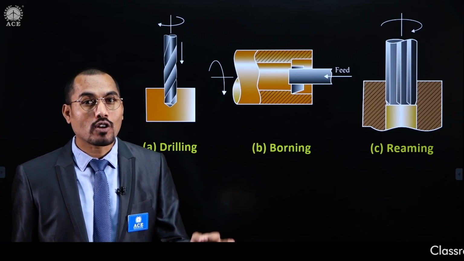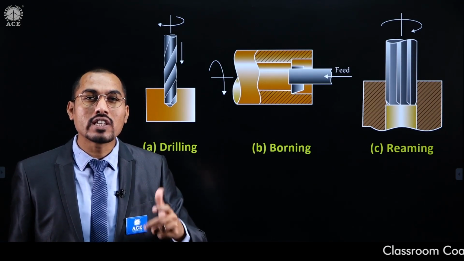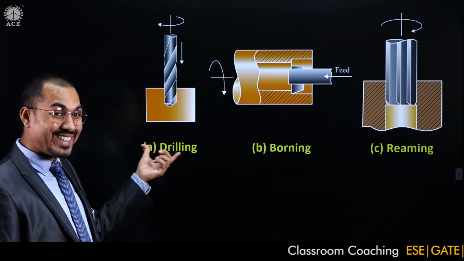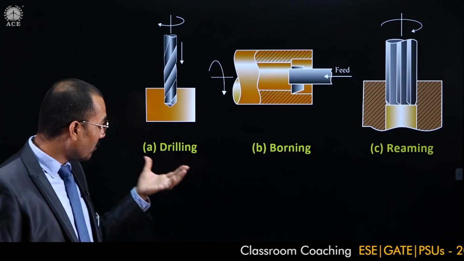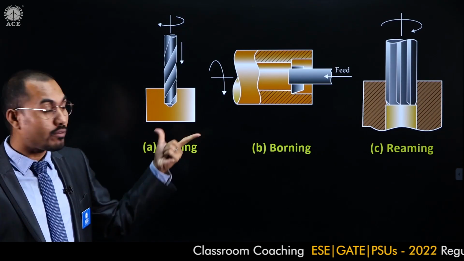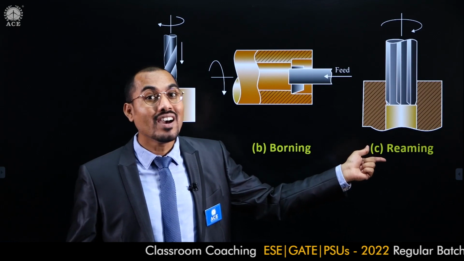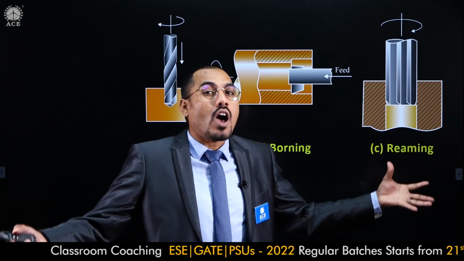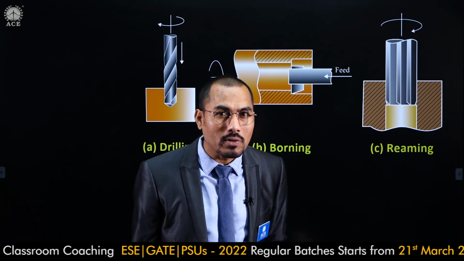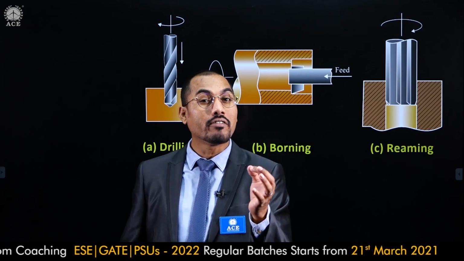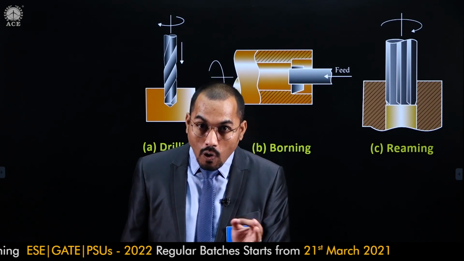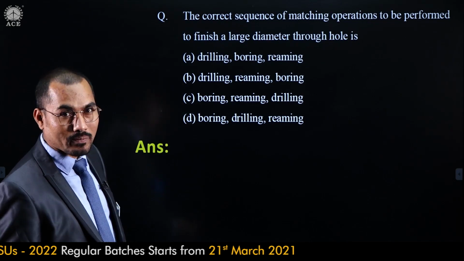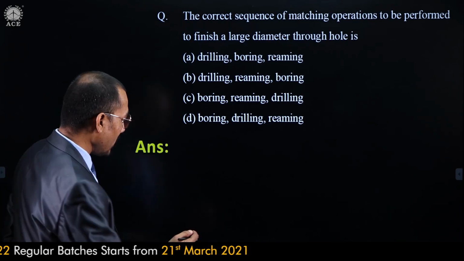Reaming is performed to get the exact final finished dimension on a hole which is already drilled or bored. Only an extremely small volume of material is removed in reaming, which is why it is a finishing operation. So my sequence is drilling, then boring, and then reaming.